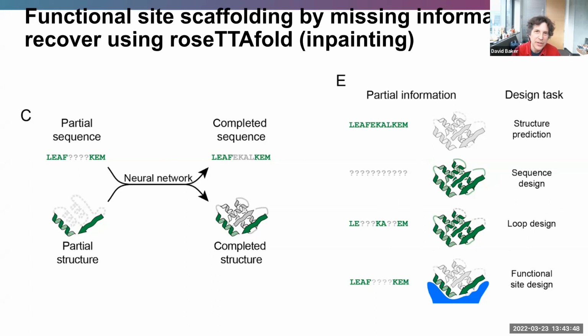So now RosettaFold is like a general model. You're familiar with language models for natural language, and language models for amino acid sequence have become popular. But now we have this general model for protein structure and sequence. So we can specify, say, the sequence and structure for part of the protein, and then the network will just fill it in, like auto-completing your sentence.